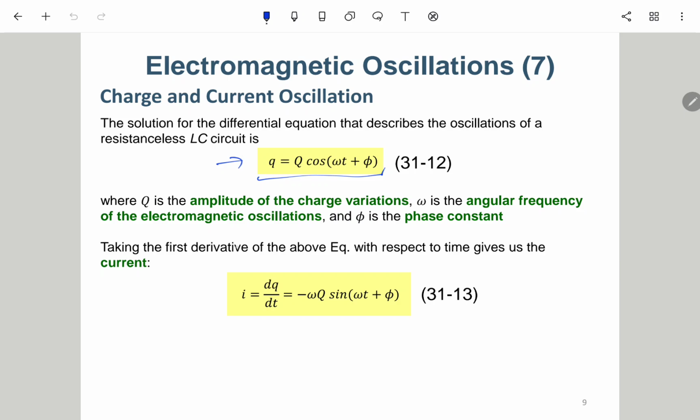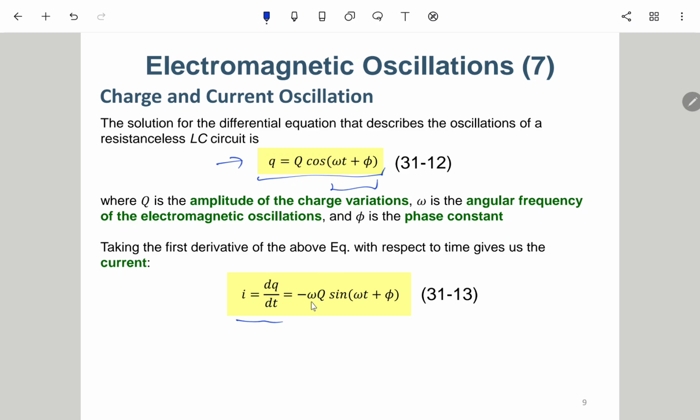And okay, according to this, we can just plug in here so that the current will be the first derivative of the charge with respect to time. Okay, so the first derivative becomes Q times cosine. The derivative of the cosine becomes negative sine. So negative Q sine omega t plus phi. And then for the chain rule, this part taking the derivative with respect to time becomes another omega.